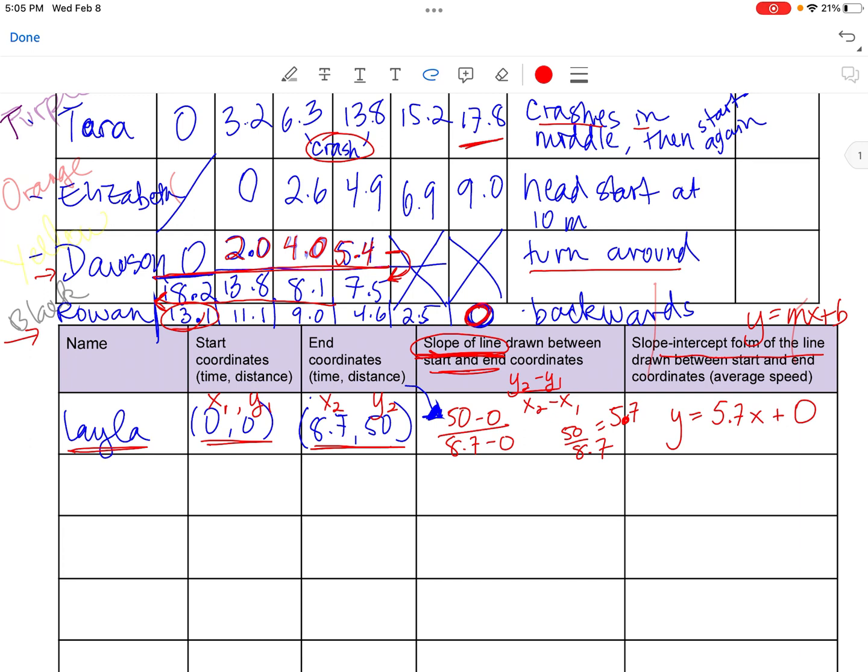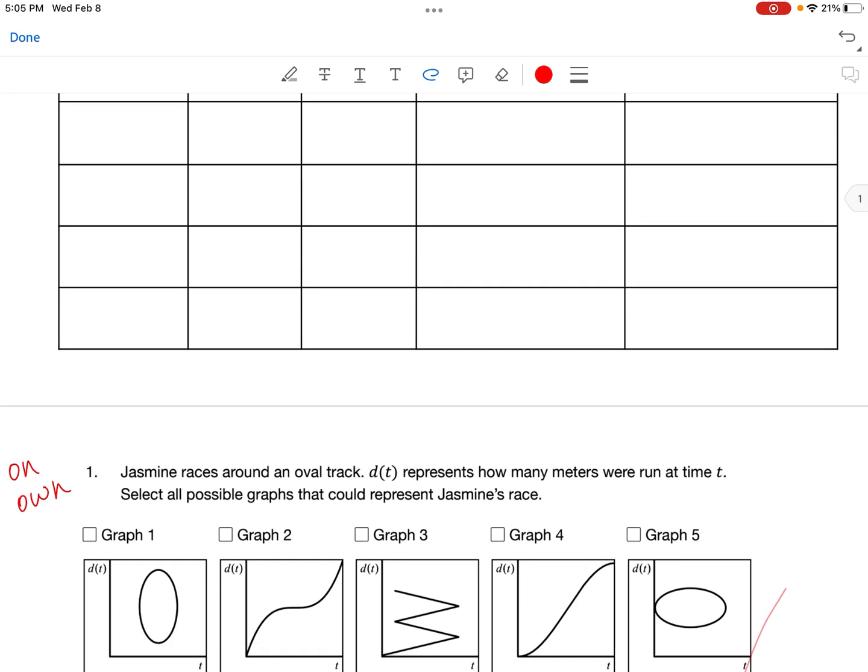So that is the equation of her line. And if we use d and t for distance and time, y is distance, so d equals 5.7x. Or we could use function notation. We could say f of x equals 5.7x. So those are all different ways we could write that.